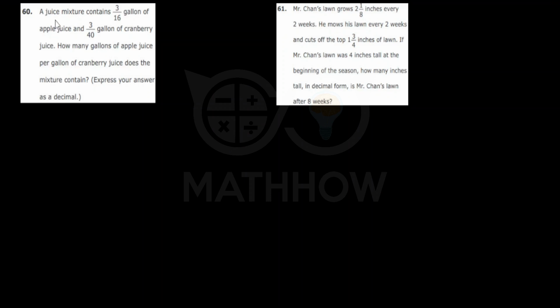Question number 60. A juice mixture contains 3 out of 16 gallon of apple juice and 3 out of 40 gallon of cranberry juice. How many gallons of apple juice per gallon of cranberry juice does the mixture contain? Express your answer as a decimal.